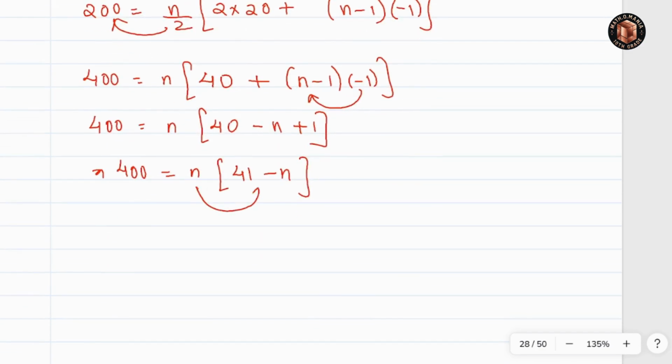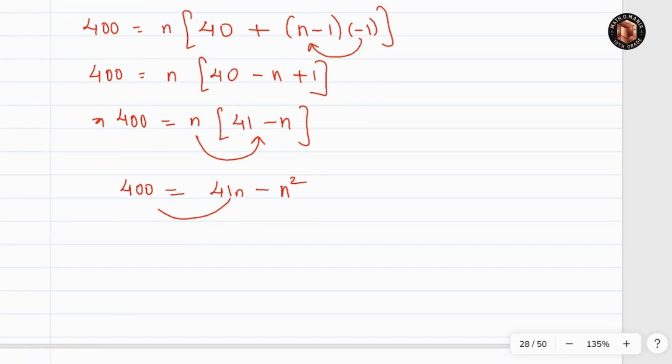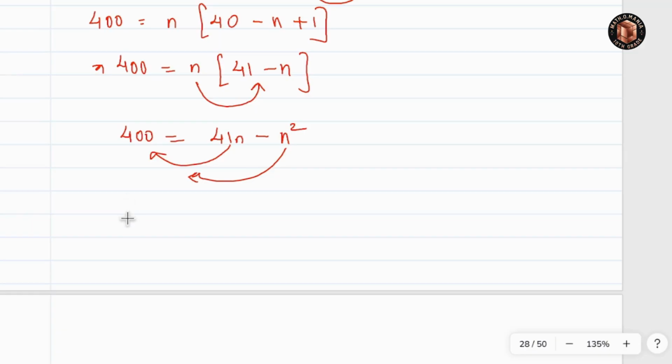Now again we need to open this bracket: 400 equal to 41n minus n square. Now we have to take this to the opposite side and make the equation: n square minus 41n plus 400 equal to 0.